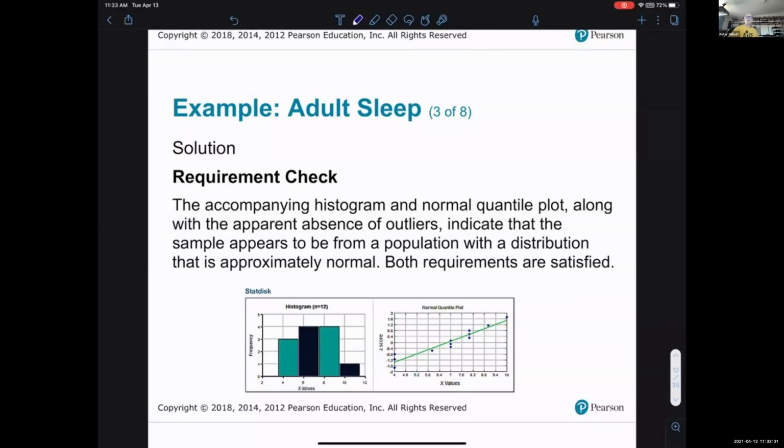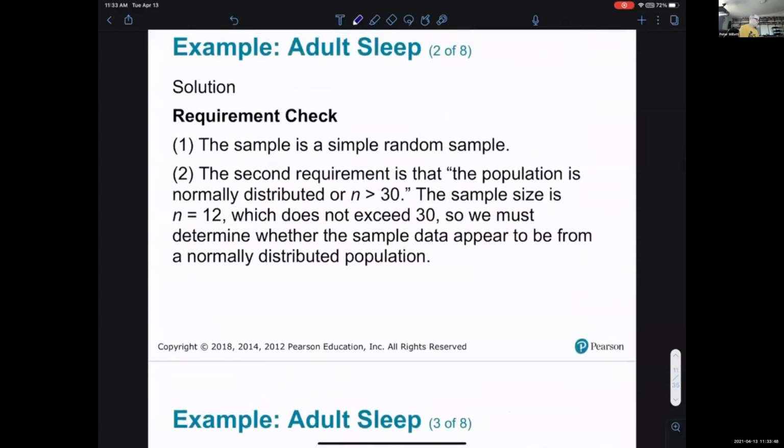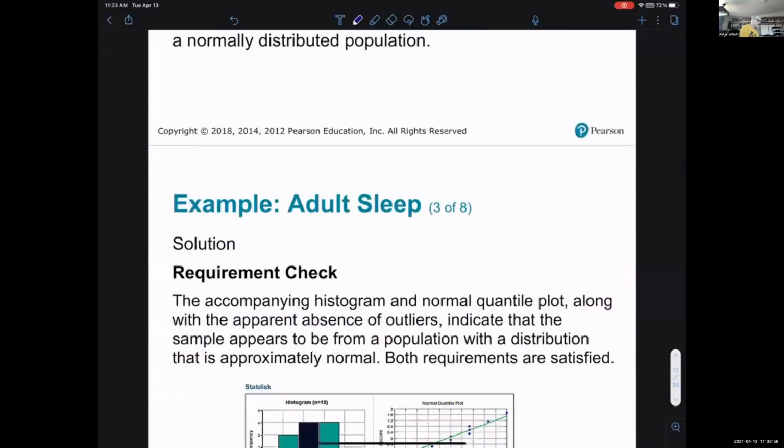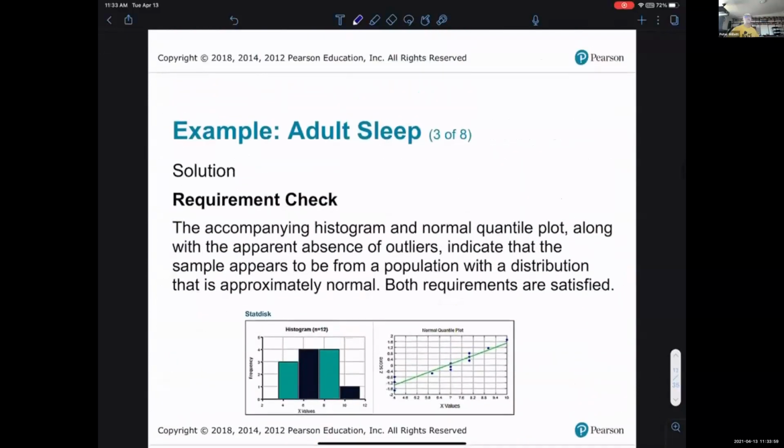The accompanying histogram and normal quantile plot, along with the apparent absence of outliers, indicate that the sample appears to be from a population with a distribution that is approximately normal. So both requirements are satisfied: requirement 1, simple random sample, and requirement 2, that you meet at least one of the conditions. We did because we believe the population is normally distributed based on the histogram and QQ plot we got from our sample.